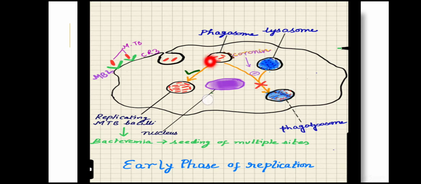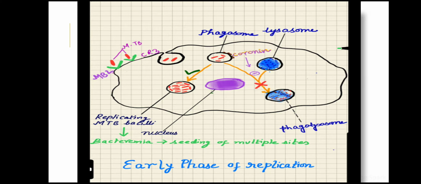But in Mycobacterium tuberculosis, because of this coronin, it is not formed and the bacteria multiply within this phagosome, and thus the replicating MTB bacilli will later on lead to bacteremia, and this composes the initial phase of the replication of MTB.